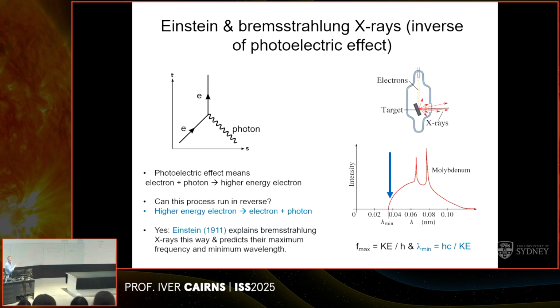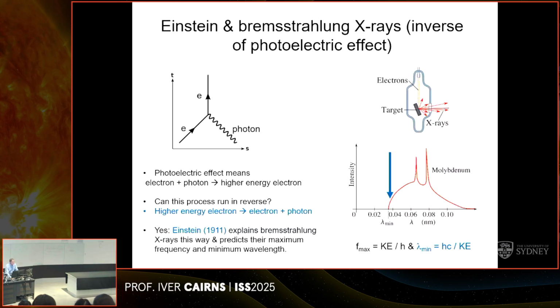But can you go the other way? Can you take a high energy electron and, in some sense, move time backwards, and give out at the end a photon plus an electron with lower energy? That's really how we get the X-rays that we were just looking at. One way of showing that is you can get an electron beam and target some metal, molybdenum for instance, and you get X-rays emitted.